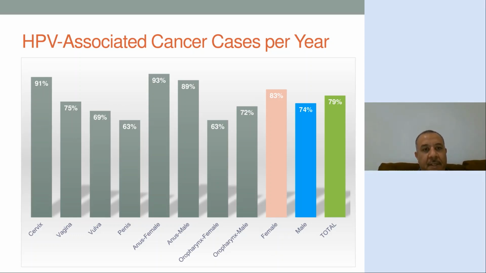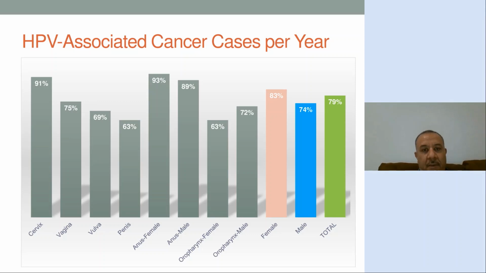From all the cancers in the cervix, 91% are caused by human papillomavirus. 75% of vaginal cancers are related to the human papillomavirus, and so on. If you look at the cancers in females, cervix, vagina, vulva, anus, and oropharynx, you can see the least is 63%, and it can reach up to 91%.